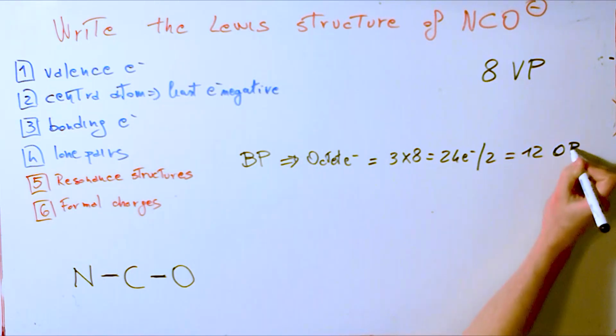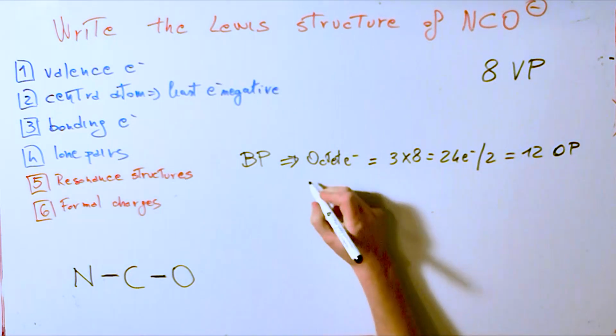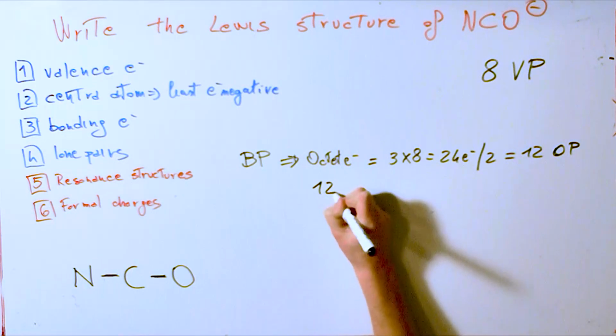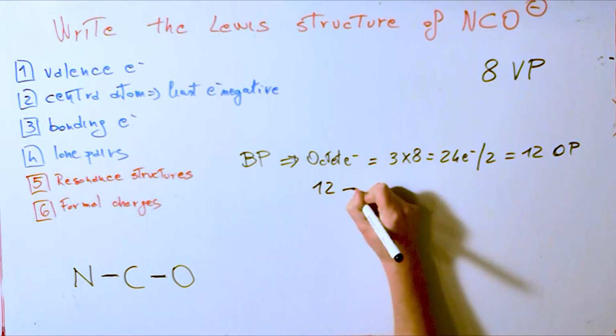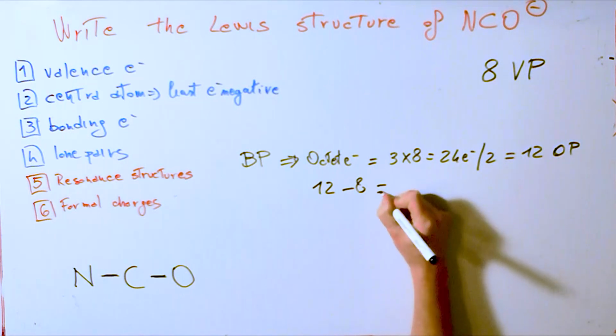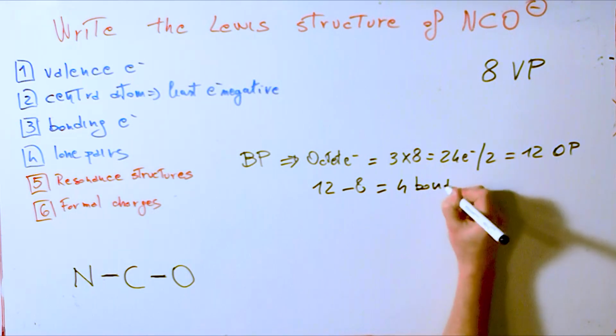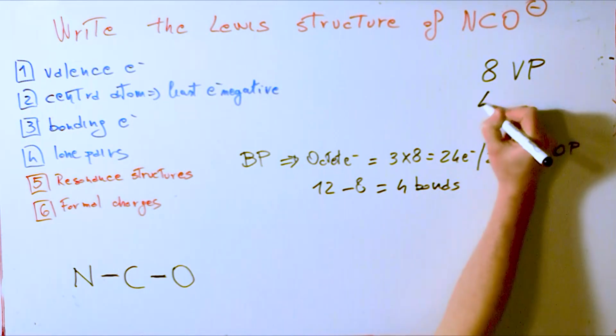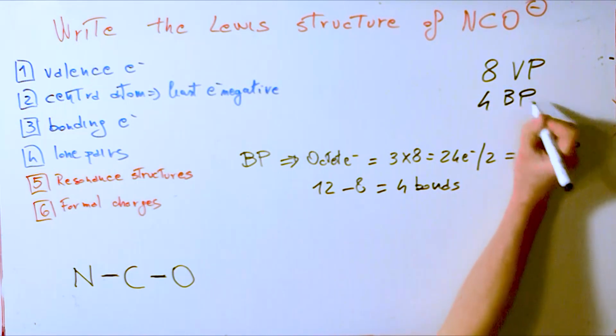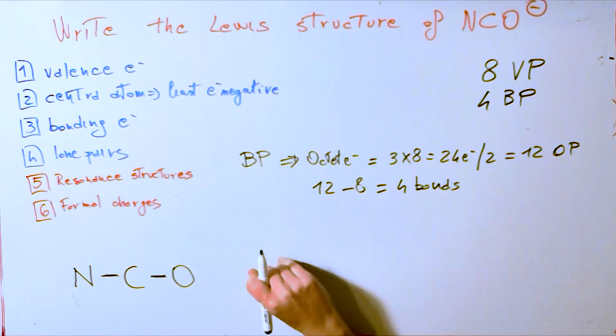If you do the difference between 12 octet pairs minus 8, we will have 4, which is the number of bonds. So we will have 4 bonding pairs to place here.